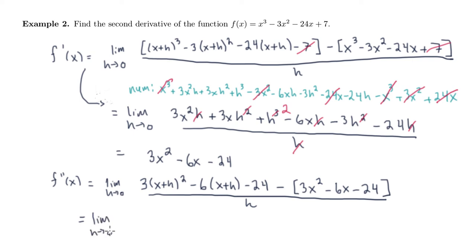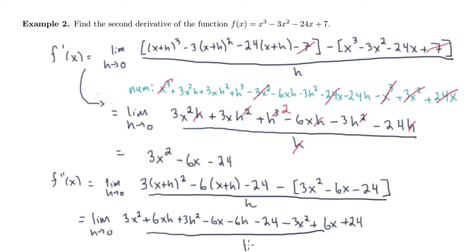So now if we simplify this out, again, a lot of things should cancel. We have 3x squared plus 6xh plus 3h squared minus 6x minus 6h minus 24, minus 3x squared, distribute, plus 6x plus 24, all over h.